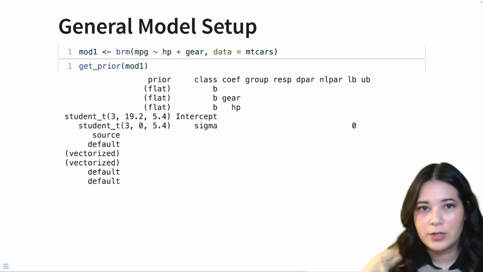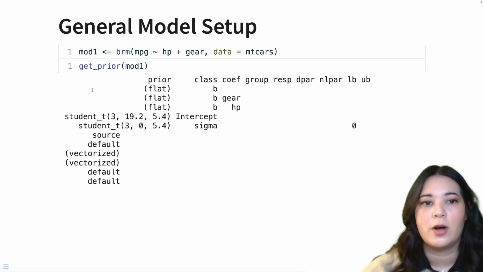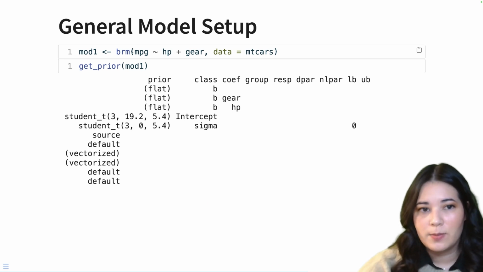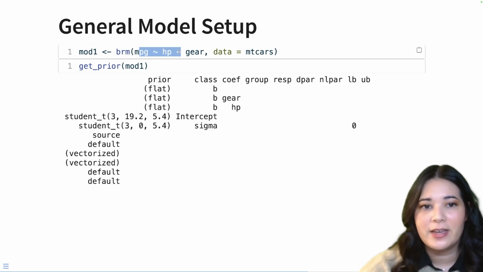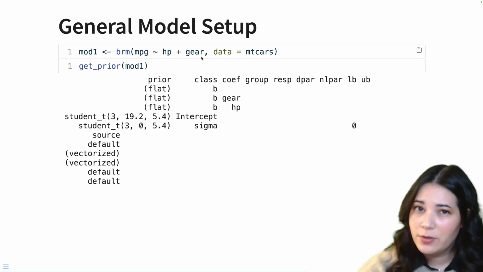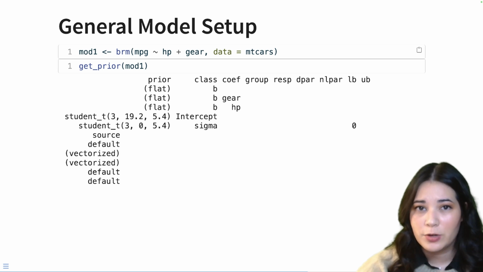Now, the first thing that I want to do is set up my actual regression model. Here I have my regression model that's predicting miles per gallon based on horsepower and number of gears. Using the brms package, I can just specify this like I would a frequentist model in R. Now, one of the things you might have noticed is that I didn't set any priors like we have in examples previously.